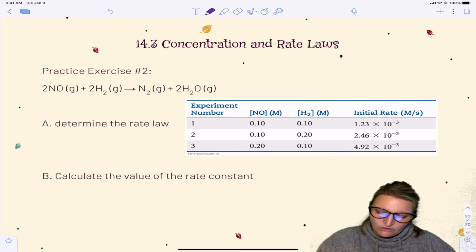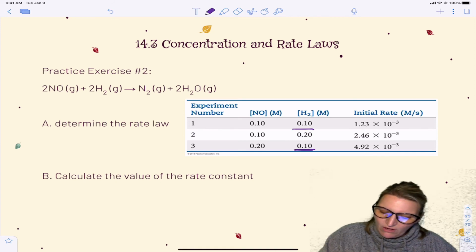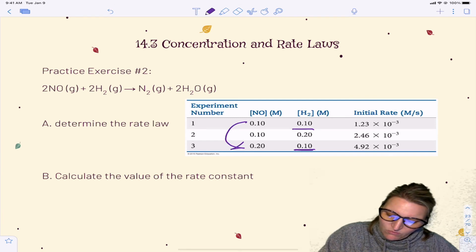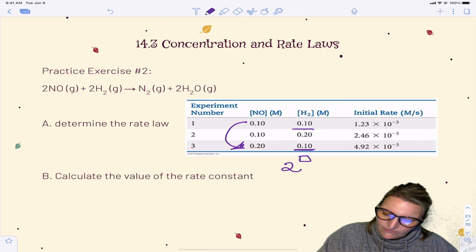Right? So to determine the rate law, I'm going to look at holding H2 constant. What happens when I double the concentration? So when I double the concentration, what happens to the rate? The rate gets multiplied by 4.